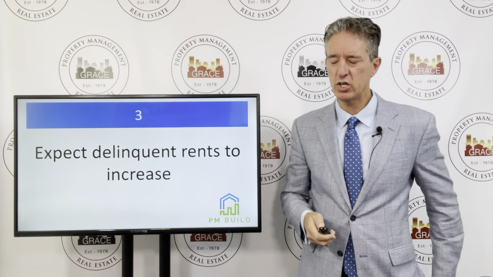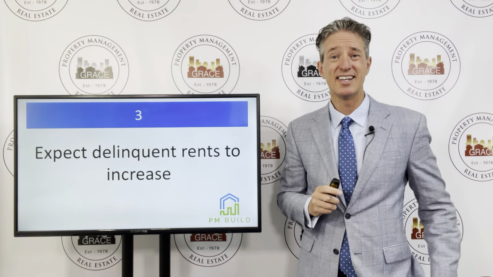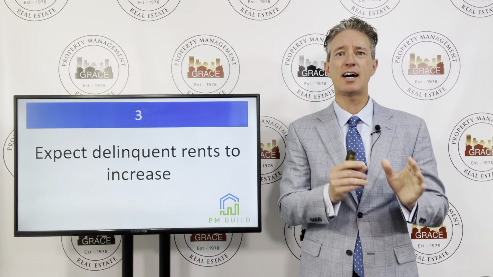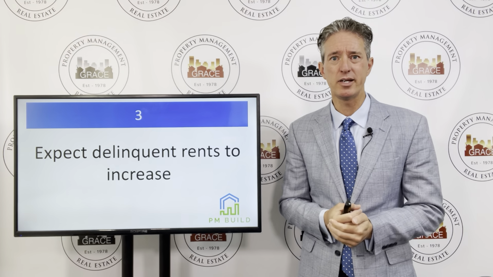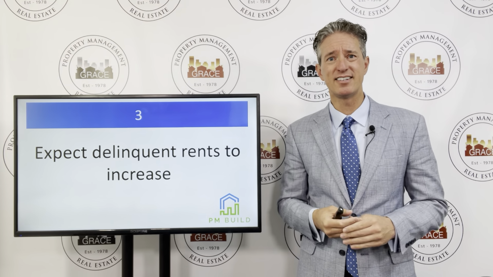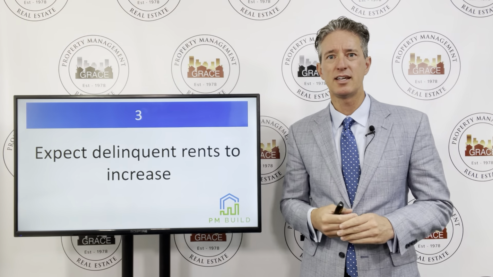So, in closing, what should be a healthy delinquency rate? It's going to be very, very market specific, and it's going to be very, very specific to the types of properties you are managing. If you're managing low-income property in Detroit, and I'm not trying to pick on Detroit, your delinquency percentage is going to be higher than if you're managing executive homes in Los Angeles.